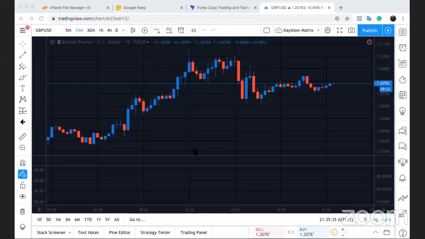So if this was a dollar to naira, the currency on the left here will be US dollar, and the currency on the right here, which is the quote currency, will be the Nigerian naira. So we have something like USD NGN. So the stronger currency is always the one on the left, while the weaker one is always the one on the right. The one on the left is called the base currency. The one on the right is called the quote currency.